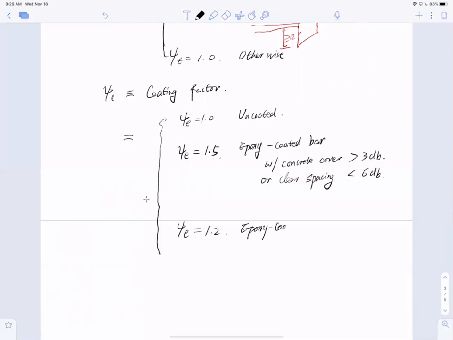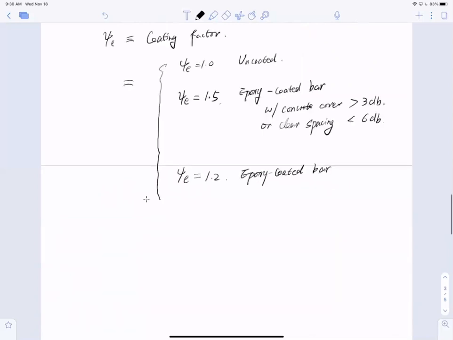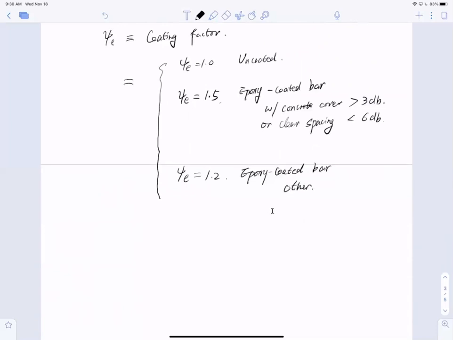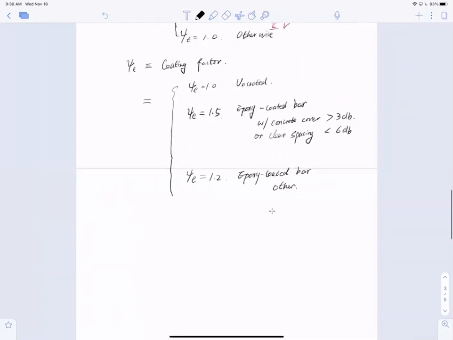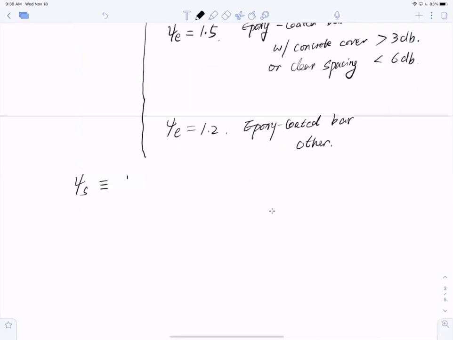Meaning that with coating, especially epoxy coating, you need a longer development length. All right, so this is the coating effect. Last but not least, the bar size effect, phi s.